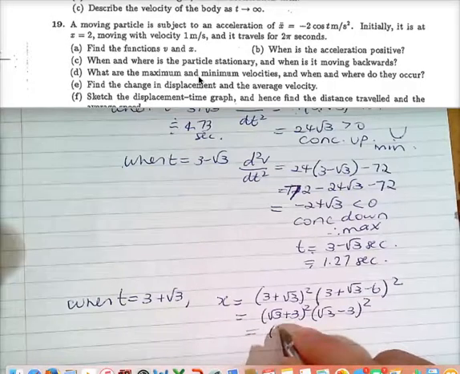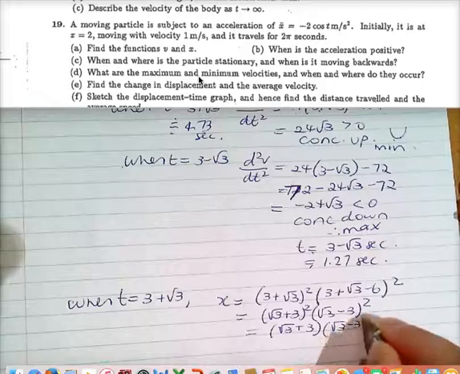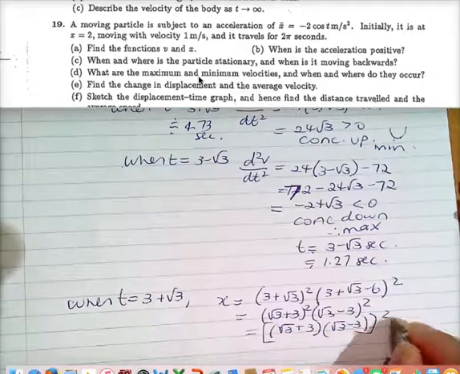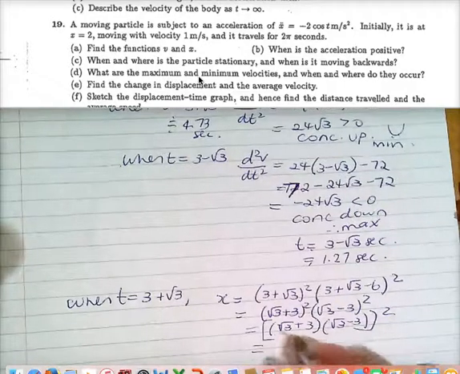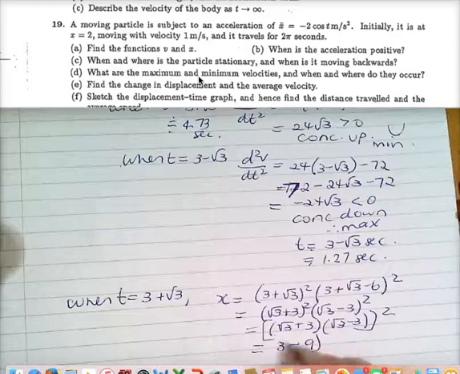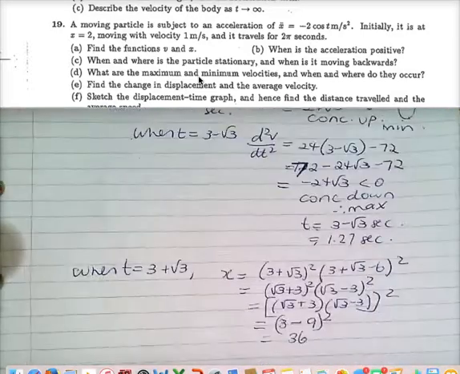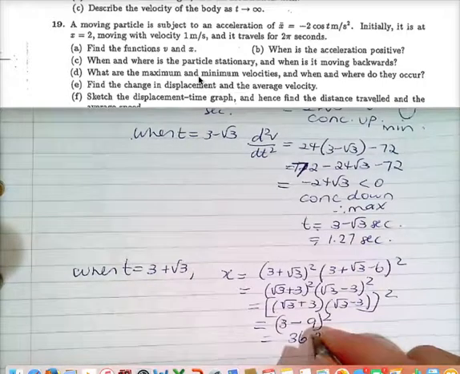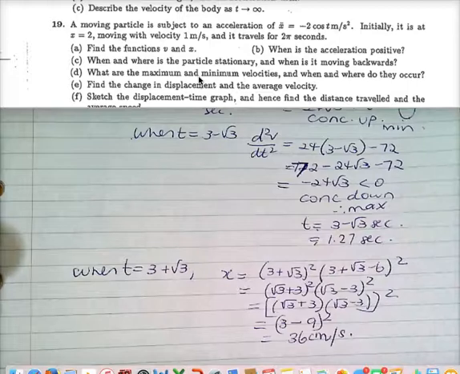They're both squared, so it's root 3 plus 3, root 3 minus 3, and that's all squared. Now that's of the format a minus b, which is a squared, which is 3, minus b squared, which is 9. That's all squared, and so it's 36 centimetres.